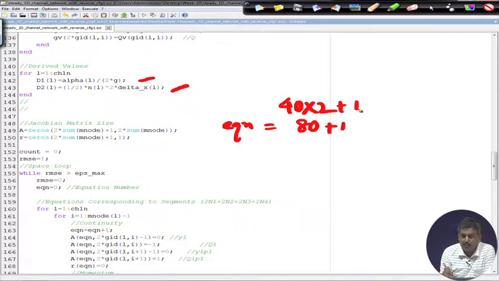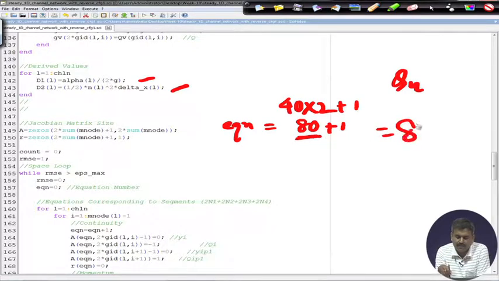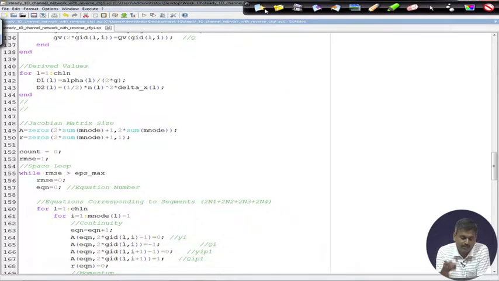For 1 unknown also we will get an equation, but we have utilized QU as a specified value in our case. So, we have only 80 unknowns in terms of y and q values, but the number of equations will be 81. Now, I will discuss how to solve this problem.